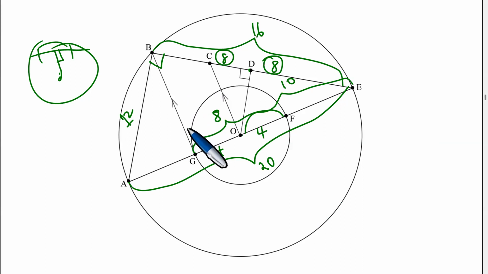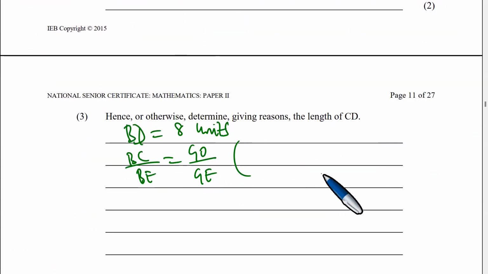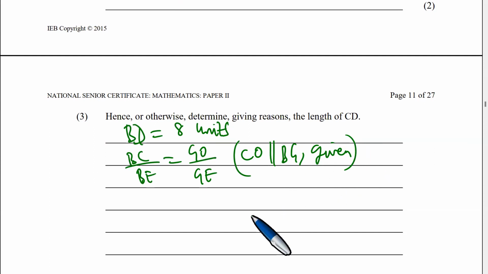So CO parallel to BG, given. So which means that you have BC over 16, GO is 4 over 14.